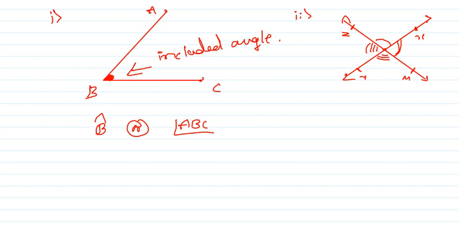Next, types of angles. The next one is types of angles. So we can see 4 types of angles.